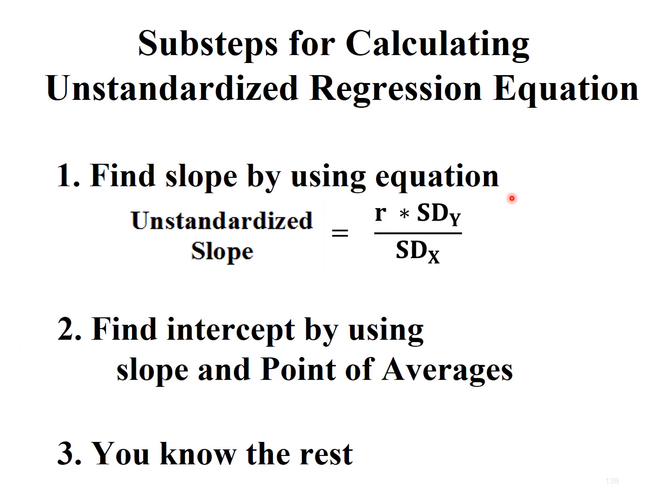Once you use this formula, then you need to find your intercept. So you need a slope and you need the point of averages. At this point you have calculated the point of averages from the raw data. So all you have to do is just plug in those values and then solve for the intercept. Once you solve for the intercept, then you plug in your values into the general linear formula for a line.